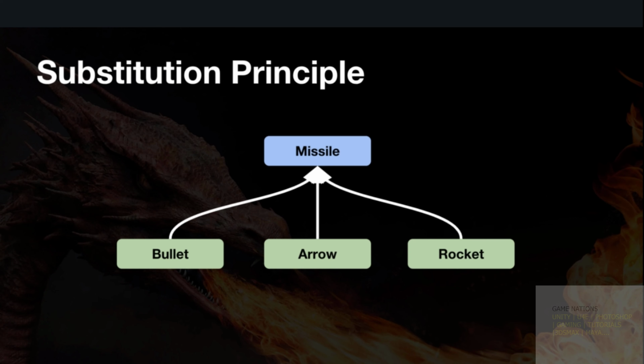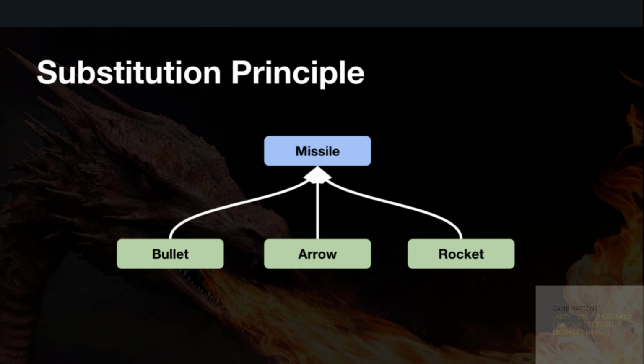So the substitution principle says, if I have a function that takes in a missile as its argument, for example because it wants to launch it, then I should be able to give it a bullet, or an arrow, or a rocket.